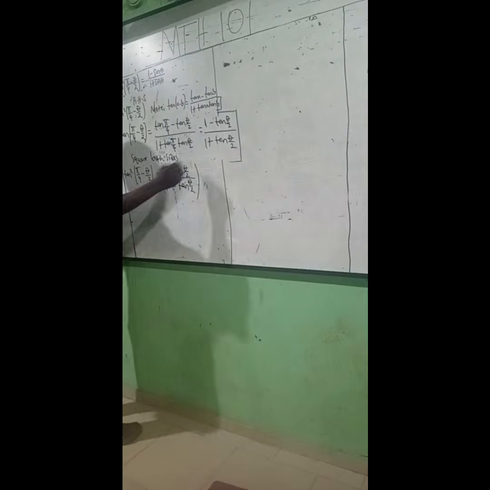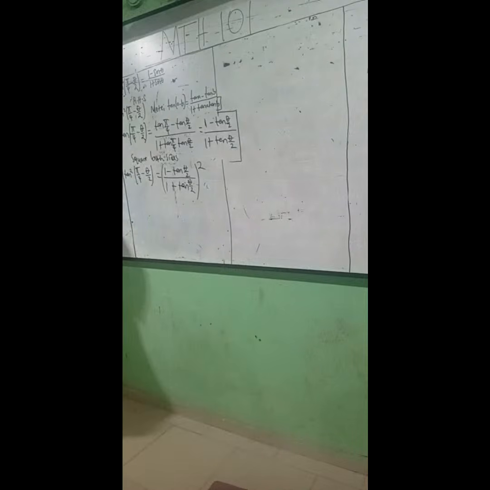Now if we square this, we must also square this. Now what are we going to get next? We are going to have tan squared of (5π/4 minus θ/2); this part is already done, so we don't need to write it again.